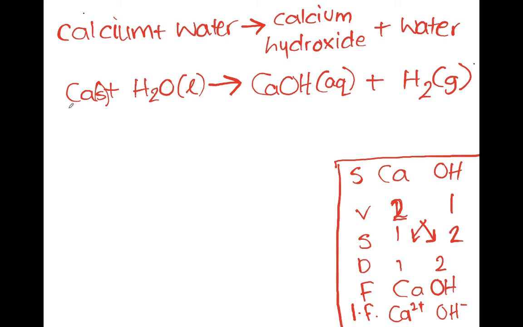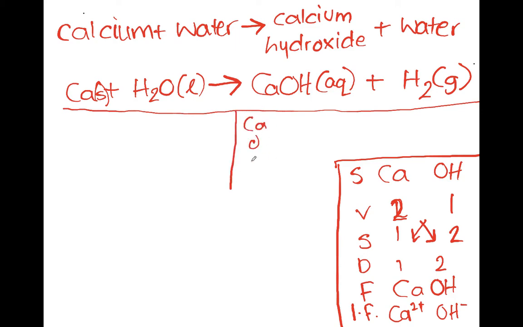Okay, so let's take a minute to balance our equation. I've got 1 calcium on each side. I have 1 oxygen here and 2 hydrogens. On this side I have 1 oxygen and 3 hydrogens.